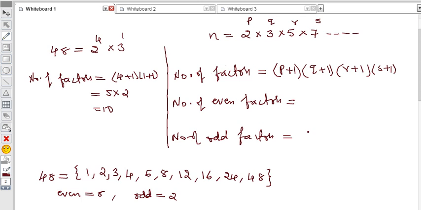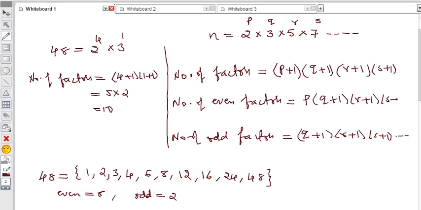The remaining powers you can add 1: q plus 1, r plus 1 and s plus 1 and so on. This is for odd factors, because 2 is the least prime number; to get the odd factors we will not take the 2. Even factors, if you subtract the odd from the total, we get the number of even factors. Otherwise, we take the 2 power value as it is, into q plus 1, r plus 1 and s plus 1 and so on. The 2 power value we take only once.